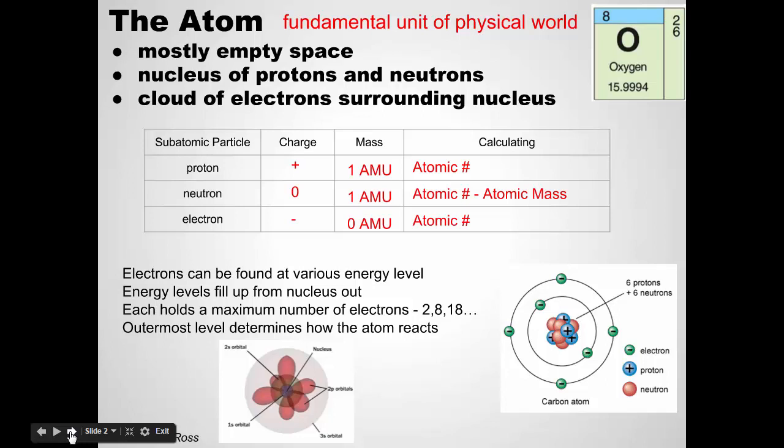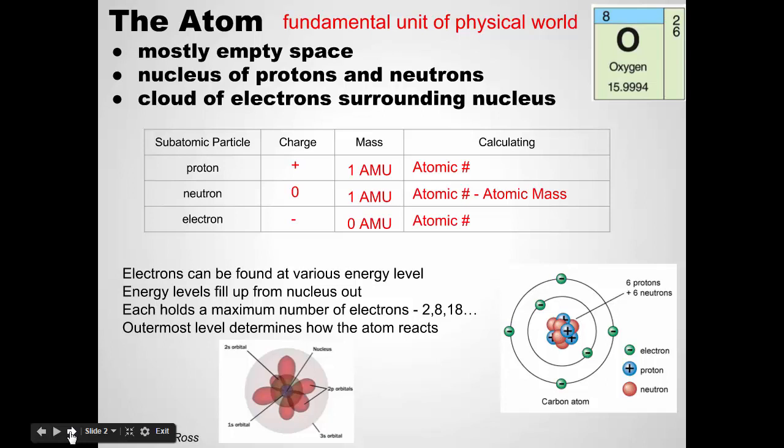mass of the atom. The electrons are found at different energy levels, or orbitals they're sometimes called. They fill up from the inside outward, from the closest orbitals to the nucleus to the outermost ones.